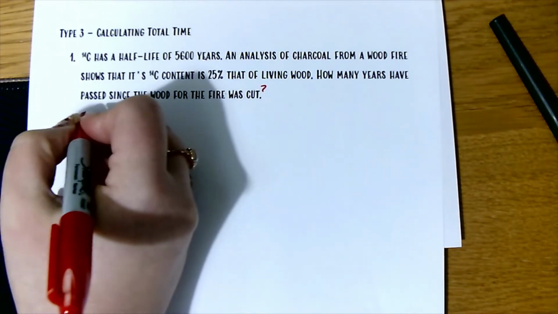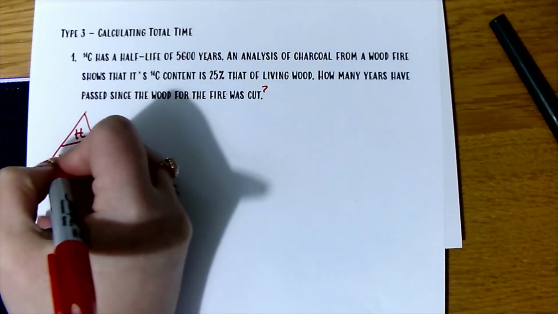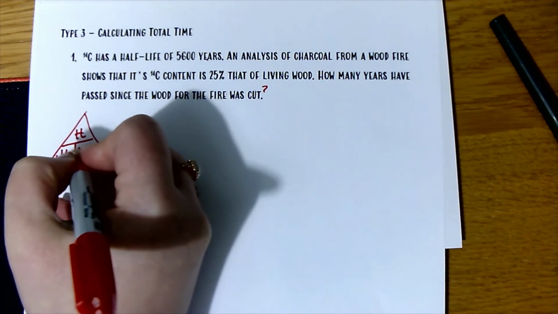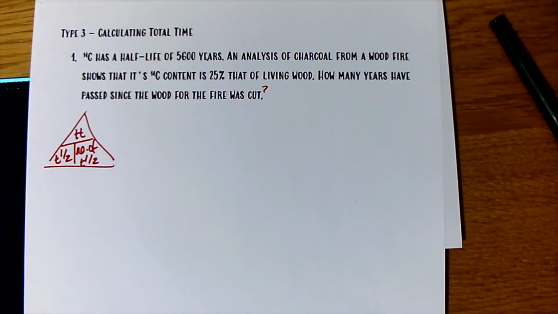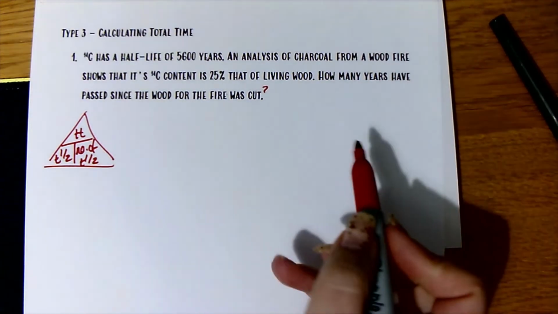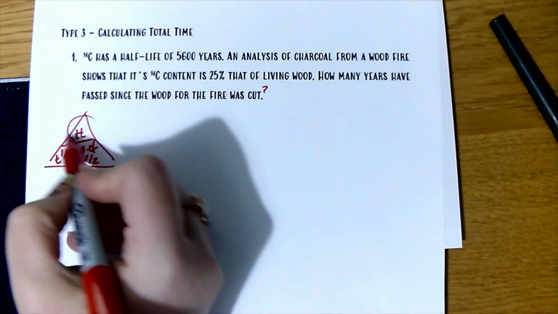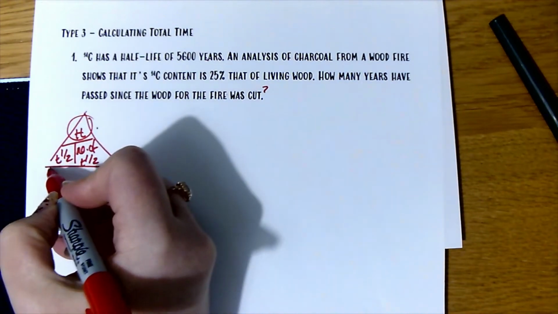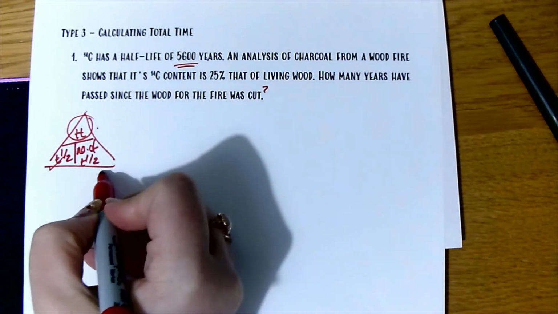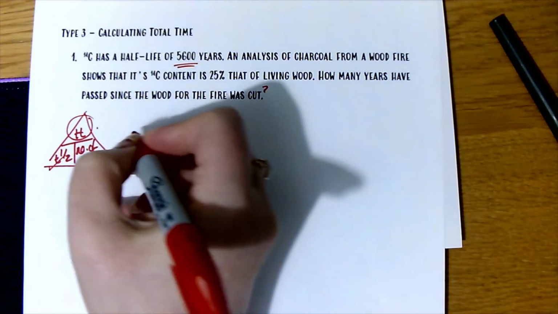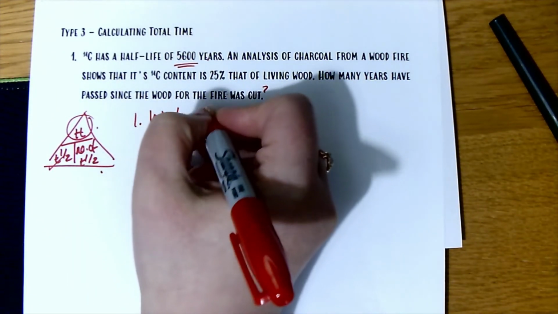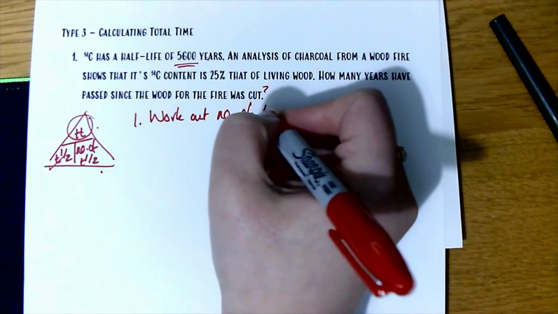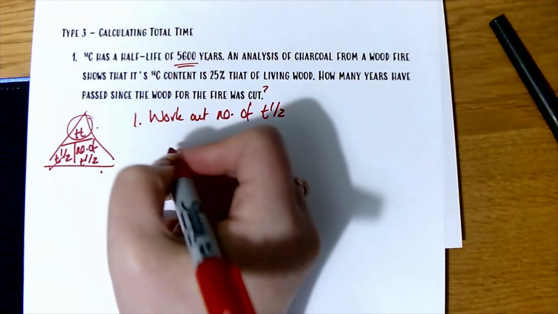Again, let's start off by drawing a triangle. We're looking to find the total time. We know the half-life because it's given to us in the question, and we need to work out the number of half-life periods. So step 1 again is work out number of half-lives that have occurred.